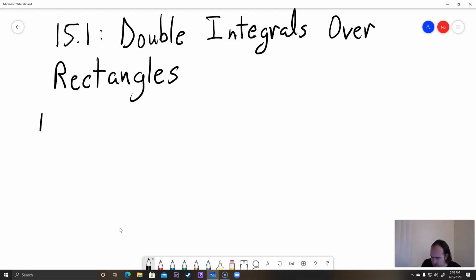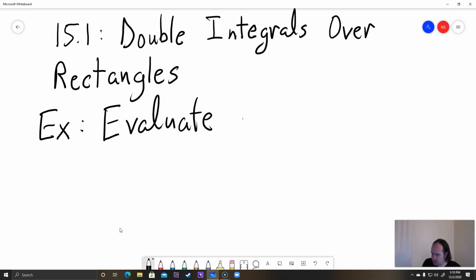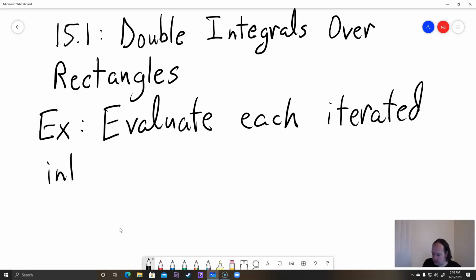Okay, for our first example, let's evaluate each iterated integral. What iterated means is they have it already set up for you with the variables.